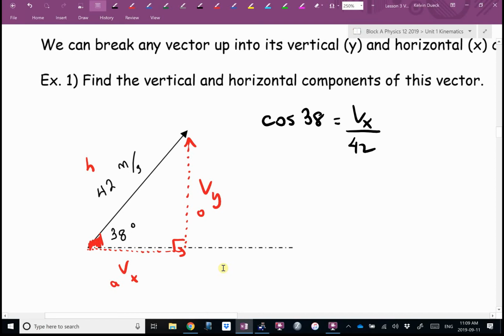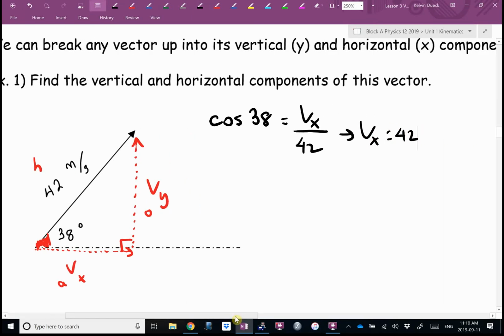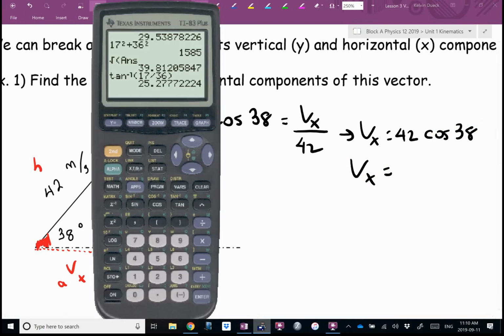Liam, how would I get the Vx by itself? So you're saying Vx is going to be 42 cos 38? 33.1?